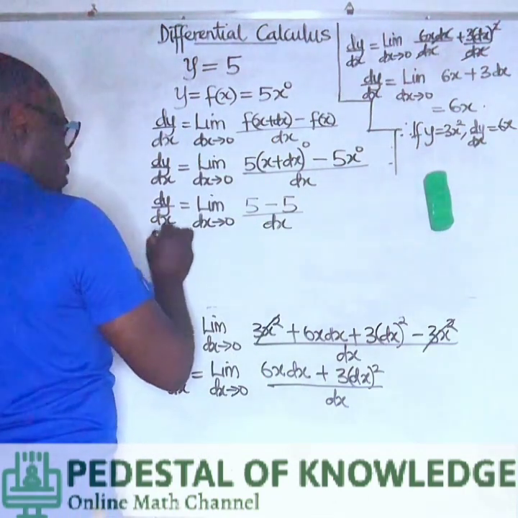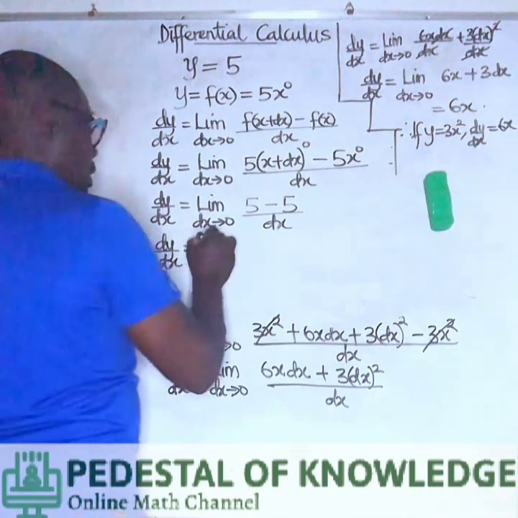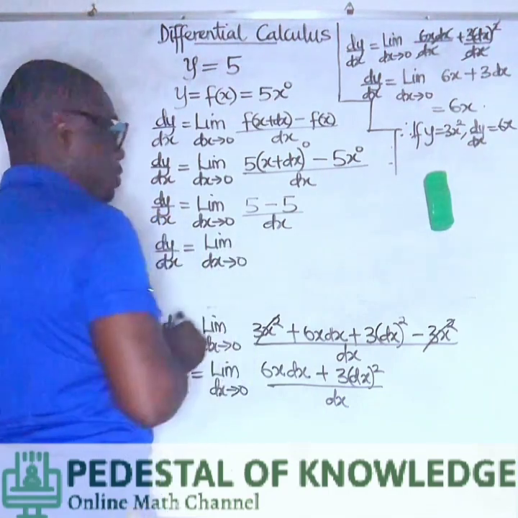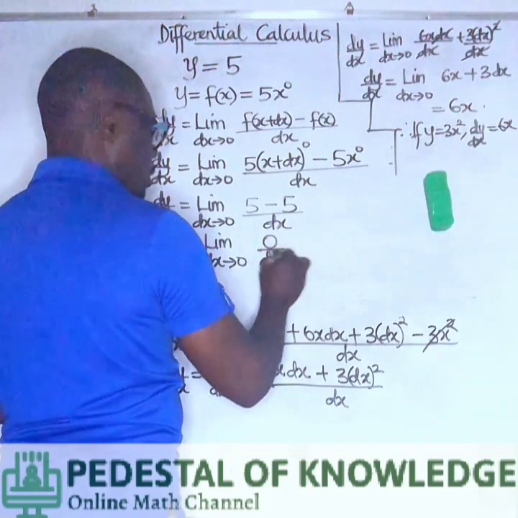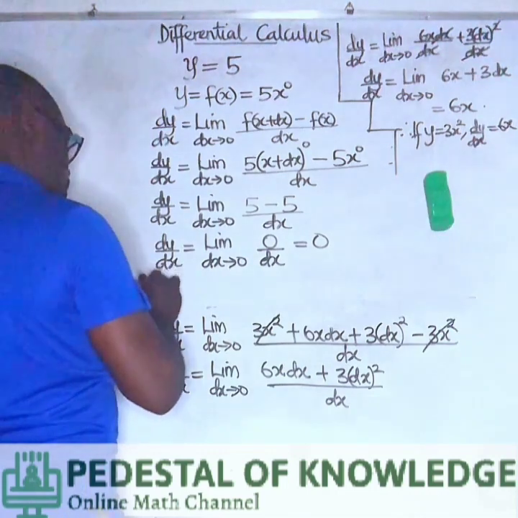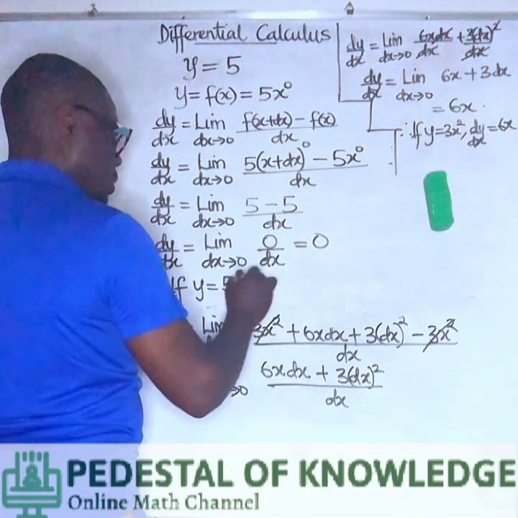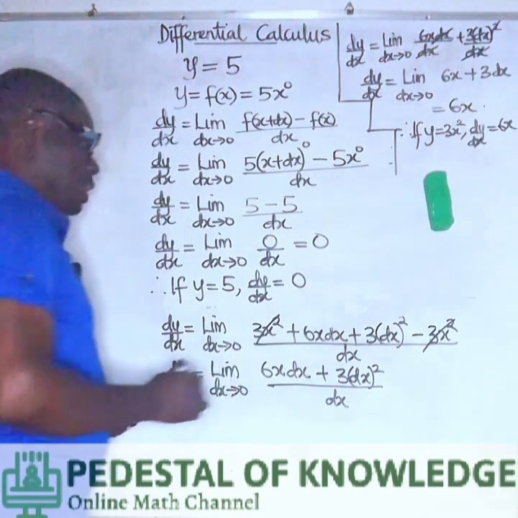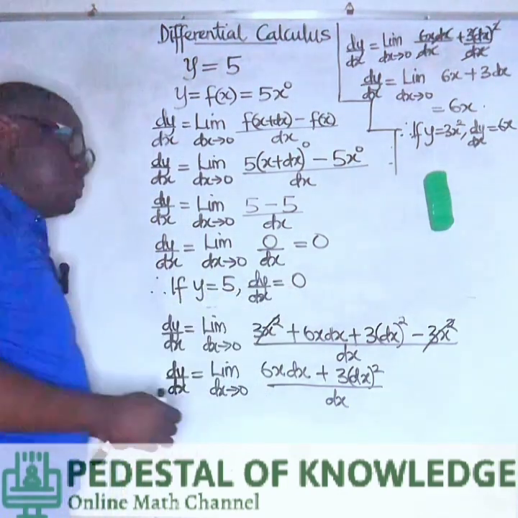Alright, so dy/dx is now equal to the limiting value as dx approaches 0 of 5 minus 5, which is 0, over dx. And 0 over dx is equal to 0. Therefore, if y is equal to 5, then dy/dx is equal to 0. That's why we normally say that the differential coefficient of a constant is equal to 0.